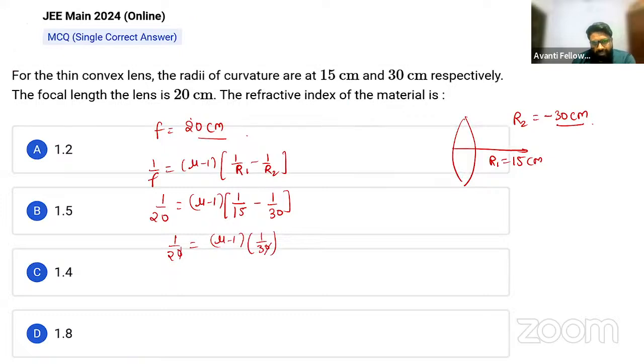So this will cancel out. So ultimately what you are having is 1/2 = (mu - 1)/3. Cross multiply it. Or what you can do, it will be 3/2 = mu - 1. Mu is coming out as 5/2. ठीक है. क्लियर है. देखो ये 1 इधर आ जाएगा. क्लियर हो गया. कोई मिस्टेक किया है क्या. 1.5. हाँ, आंसर तो 1.5 ही है, but I think we have done some mistake here. Just check.